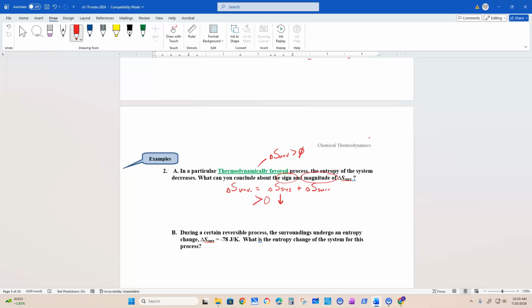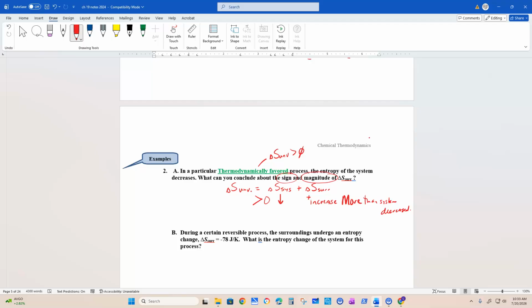So if the system went down, that means the surrounding has to increase more than the system decreased. Okay, so if this went down 10 joules, this needs to go up by 11, okay, or 12 or 13. It just has to go more. So the sign would be positive, and the magnitude would have to increase more than the system decreased.